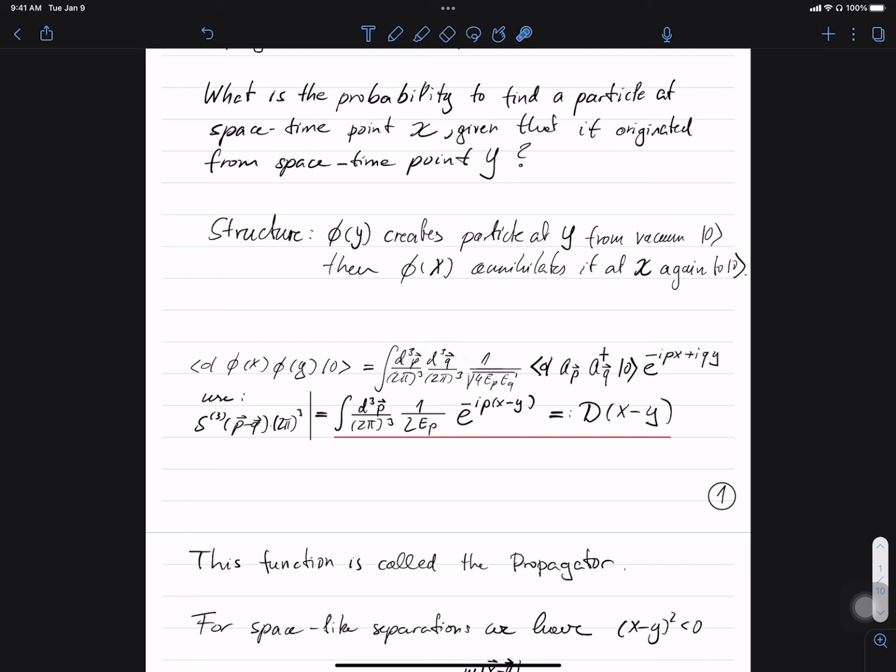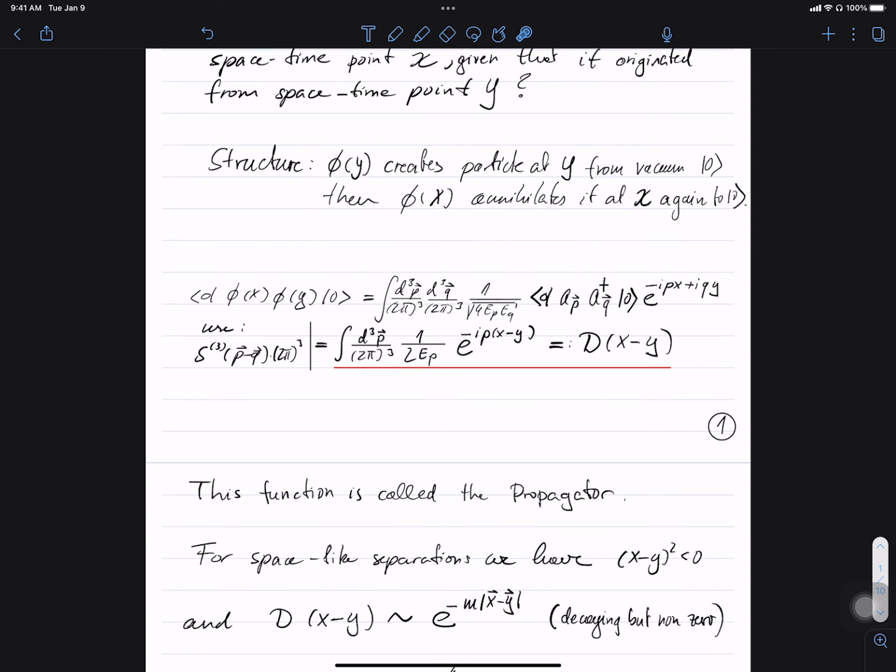The integral over e to the negative i p (x minus y). It looks like quite a harmless function, but it has a lot of structure in it. And we will call this propagator D(x minus y), because the argument is x minus y, and those are the four-vectors x and y.